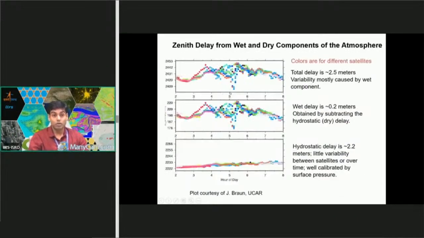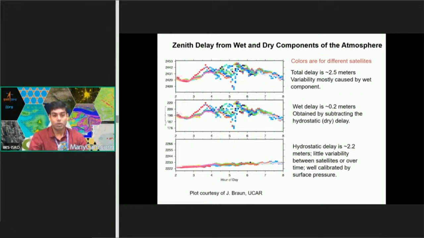Then how does the zenith delay look from the wet and dry components of the atmosphere? When we have estimated this, we can see the total delay is 2.5 meters, but we can see the variability. This variability is mostly caused by the wet component. So this is not stable, and we have to make it stable.